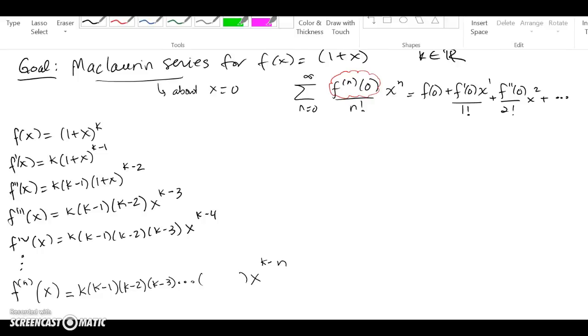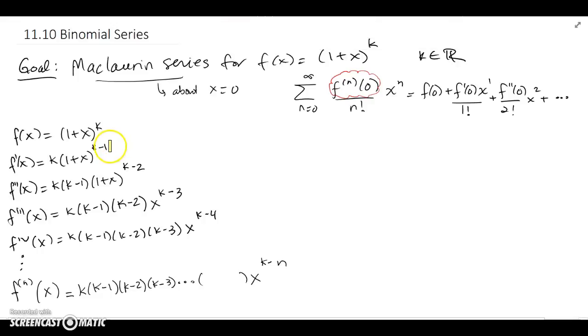Why is that? Because, let's start here. I had a k minus 1 for the first derivative, a k minus 2 for the second derivative, k minus 3 for the third derivative, k minus 4 for the fourth derivative, so I must have a k minus n for the nth derivative.